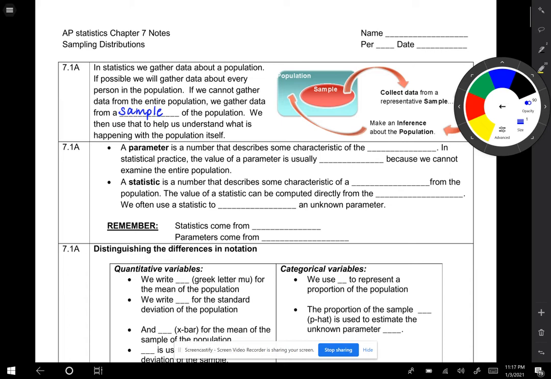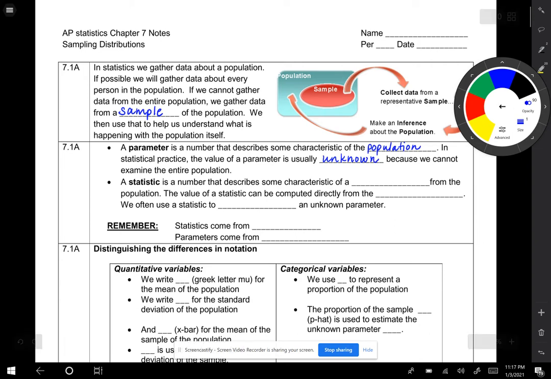When we talk about sampling distributions, we have a couple of vocabulary words. The first one is called a parameter. A parameter is a number that describes some characteristic of the population. In statistical practice, the value of a parameter is usually unknown because we cannot examine the entire population.